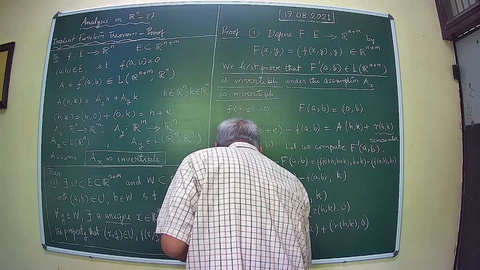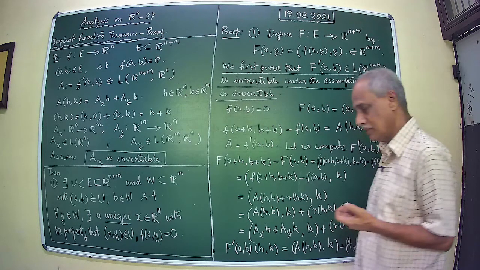any vector is mapped by the invertible operator to 0, then that vector has to be 0.